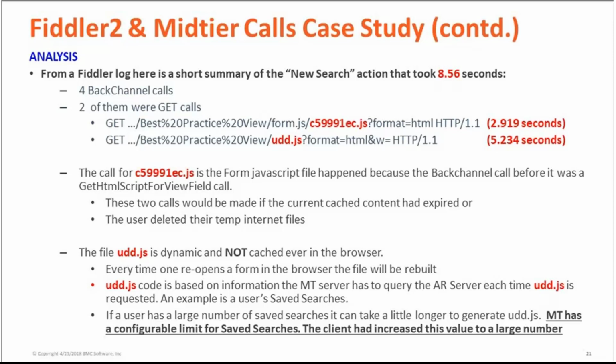This particular JavaScript is built every time a user opens a new form. It is based on information the mid-tier server has to query the AR server for each time this file is requested. One piece of information that comes back is the user's saved searches.